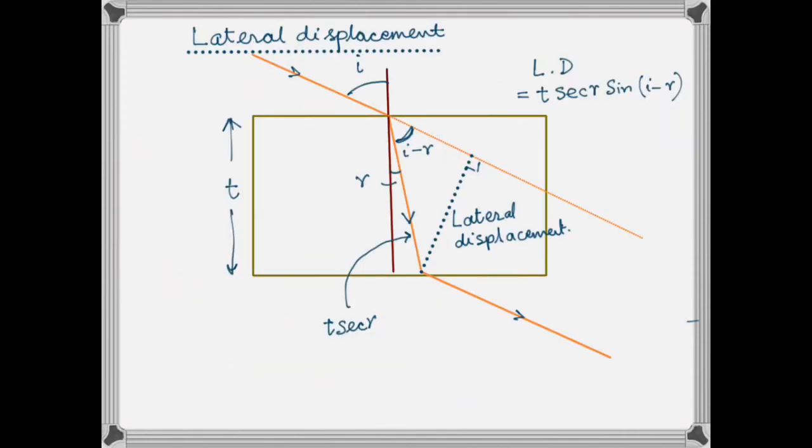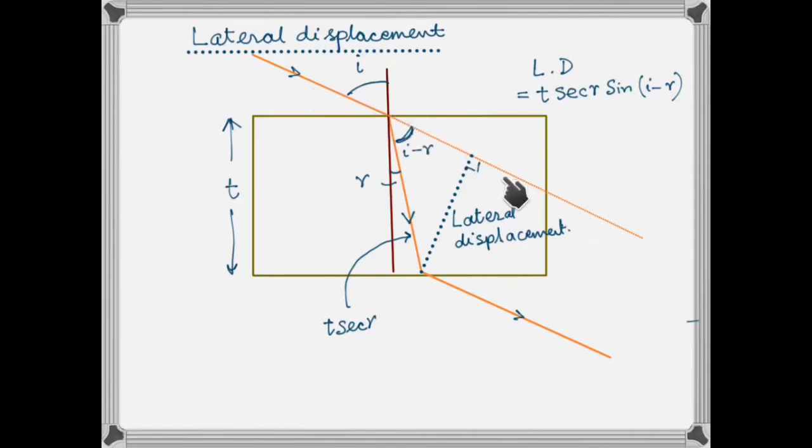In this figure, there is a slab, a parallel slab, put in air. The thickness of the slab is T. A light ray is passing like this. So we can easily see that light, when it comes from air to air, will become parallel to itself, but it will be displaced from the original direction of light.